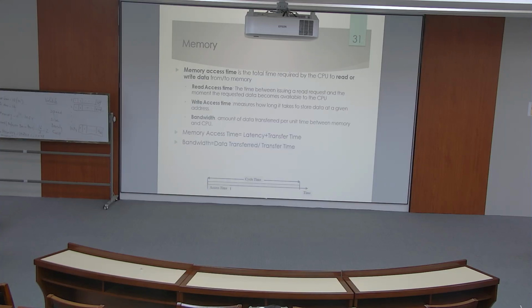The memory access time is the total time required by the CPU to read data from or write data to the memory. Here we have a read access time and a write access time. Read access time is the total time between issuing a read request and the moment the requested data becomes available to the CPU. So this is what we call read access time.